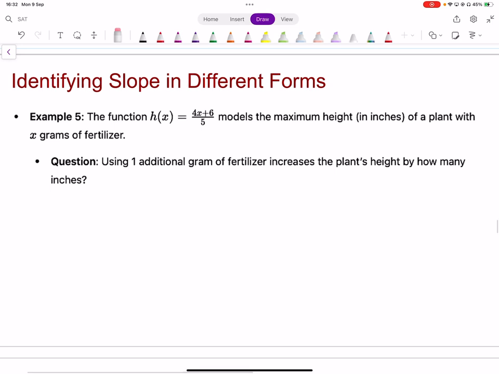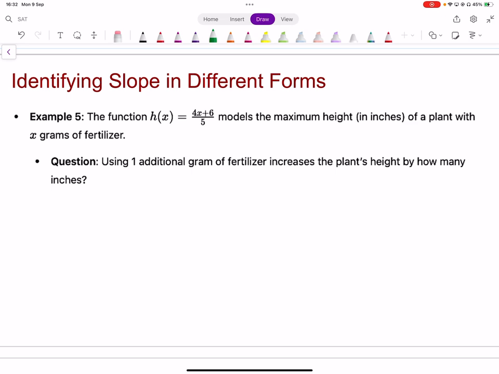Okay, take a minute and try to figure this out. You have a function h of x. It models the maximum height of a plant with x grams of fertilizers. Using 1 additional gram of fertilizer increases the plant's height by how many inches?